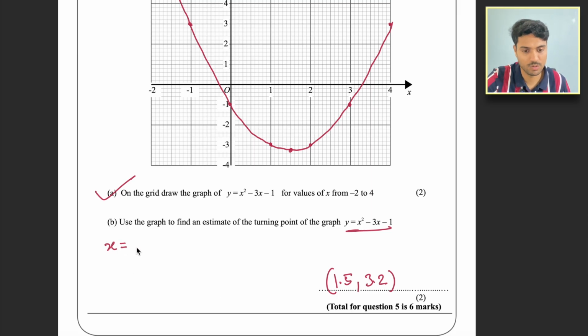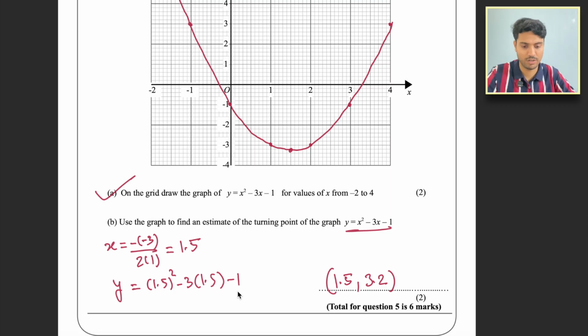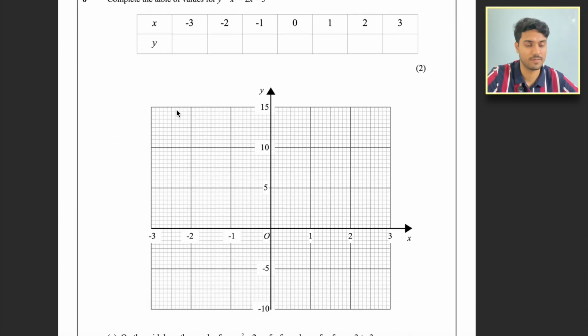Let's check the exact value. x will be minus b upon 2a, so 3 by 2, which is 1.5, and the y component will be 1.5 square minus 3 times 1.5 minus 1. It is minus 13 by 4, which is minus 3.25. So that's precise, or we can say the estimated value is close.